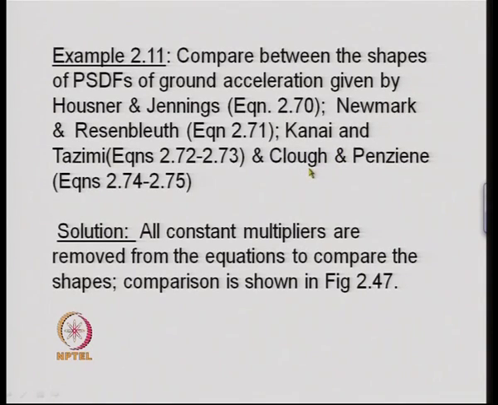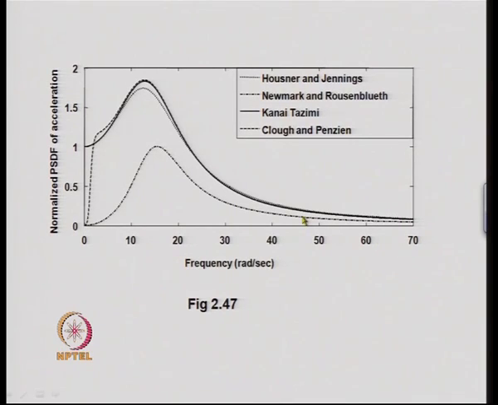Kanai, Tajimi and Clough and Penzien are widely used for most of the analysis, and we see that there is a very good matching between the Clough and Penzien, Kanai, Tajimi and Housner, Jennings, whereas the Newmark and Rosenblueth tends to differ quite a bit from them.